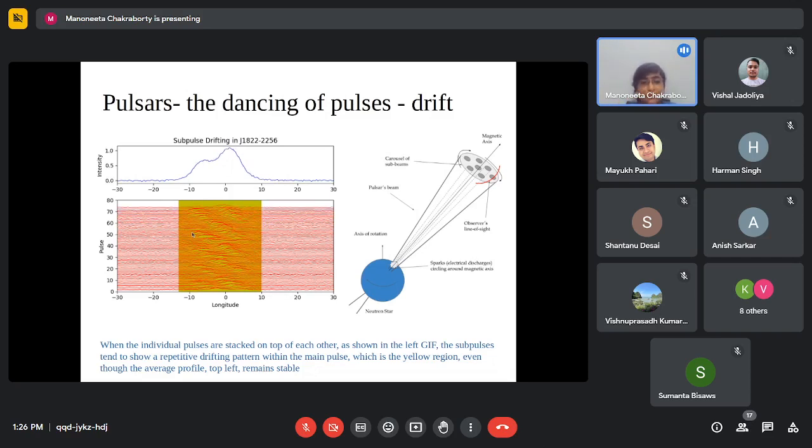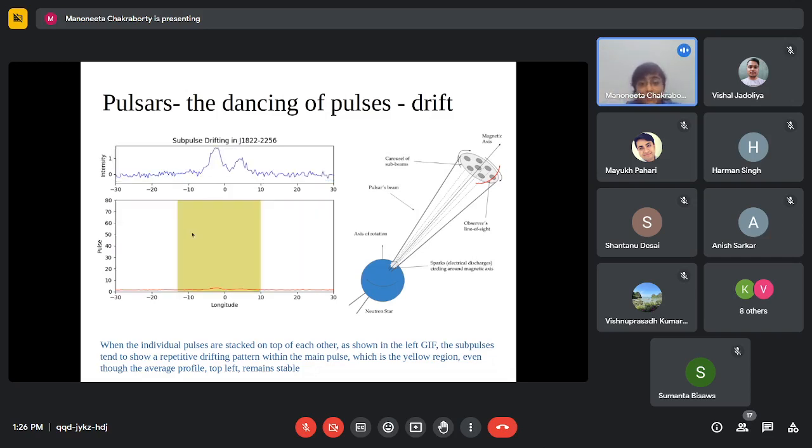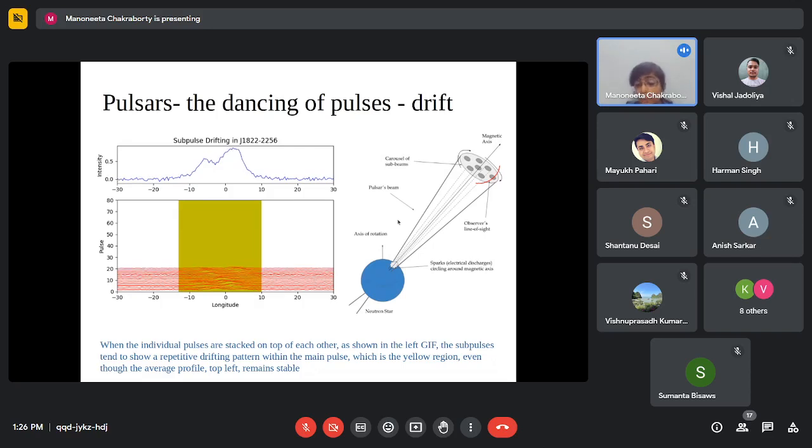So the pulses are not, though pulsars can be very nice clocks, the pulses themselves show a lot of variations. And in order to explain them, a lot of models have been proposed, and one of the primary ones is that the pulsar beam, which is the torch that I just talked about, is actually not a monolithic beam, but has a lot of structures in that beam. And here you can see these circles.